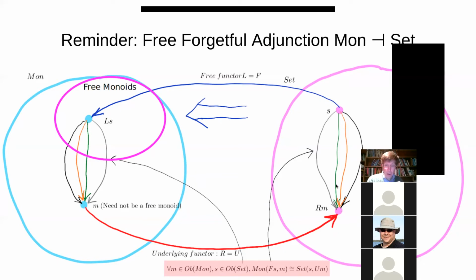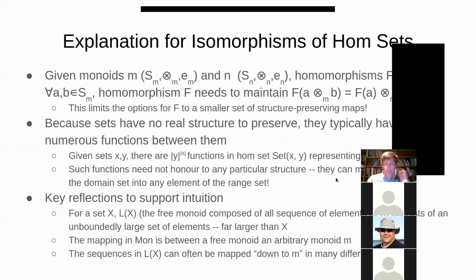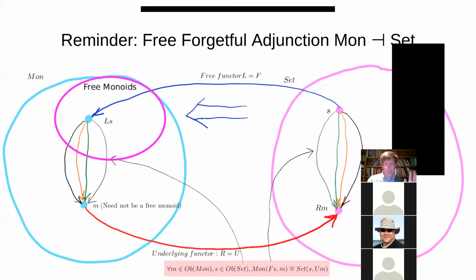It's a one-to-one correspondence, and you could be excused for saying, how could that possibly be? Look, sets have incredibly numerous numbers of functions between them.